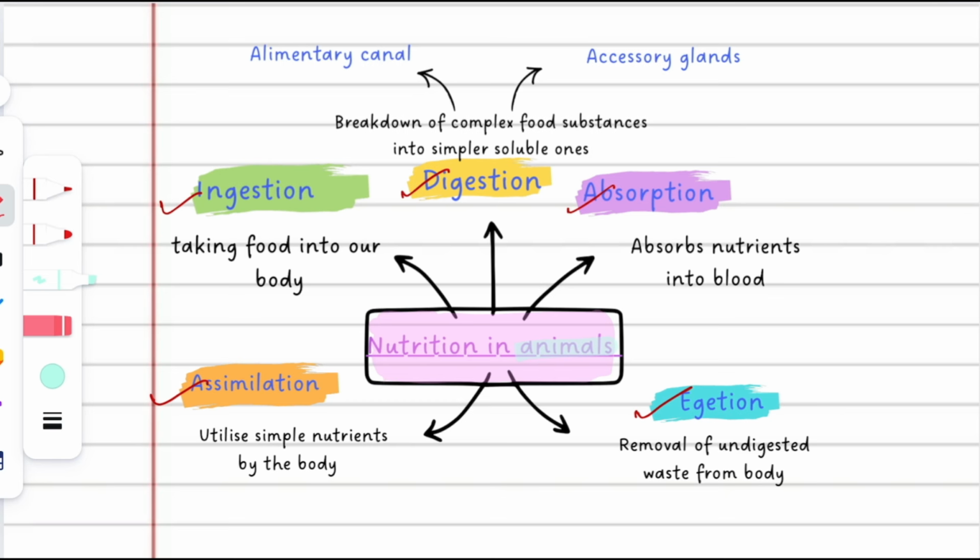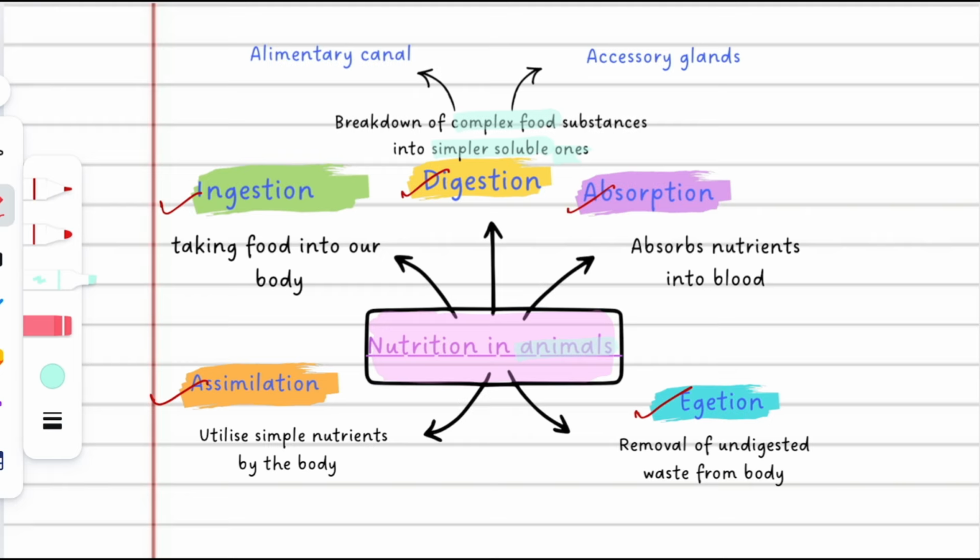The digestion is a process of breakdown of complex food substances into simpler soluble ones. Now you have to understand this. The food we intake, or the food we eat, within that particular food, lots of nutrients are present in a complex manner. Now what are nutrients? Nutrients like carbohydrate, protein, fat, vitamins, minerals.